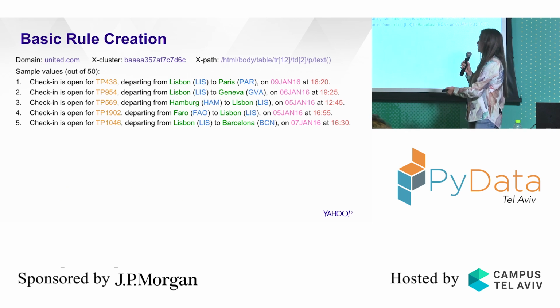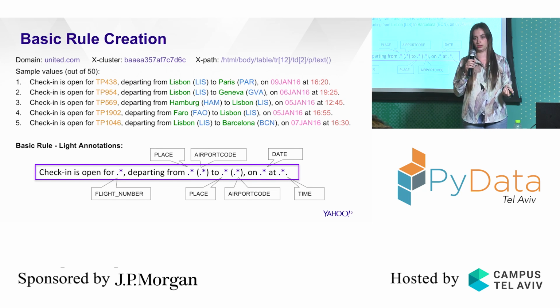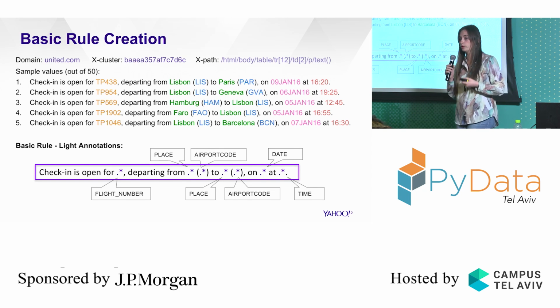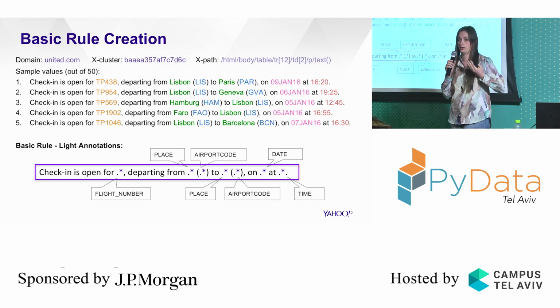Given that those are 5 out of 50 values for a specific XPath in one of the X clusters in the United domain, this is the basic rule I want to generate: the extraction rule represented by a regex. The constant part of the regex, "check-in is open for," is the part we want to clean, we want to remove.